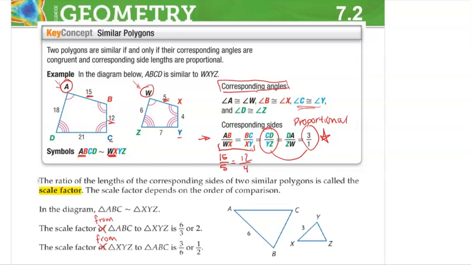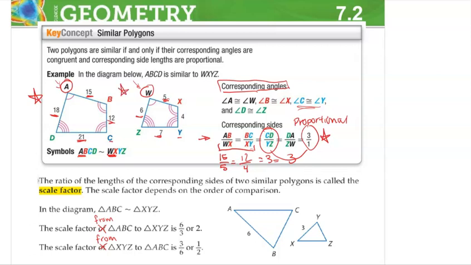If we continued on and did it with 21 and 7, and then 18 and 6, we're still going to get 3 for each of these ratios or proportions, these fractions, that describe the relationship between this polygon and this polygon.